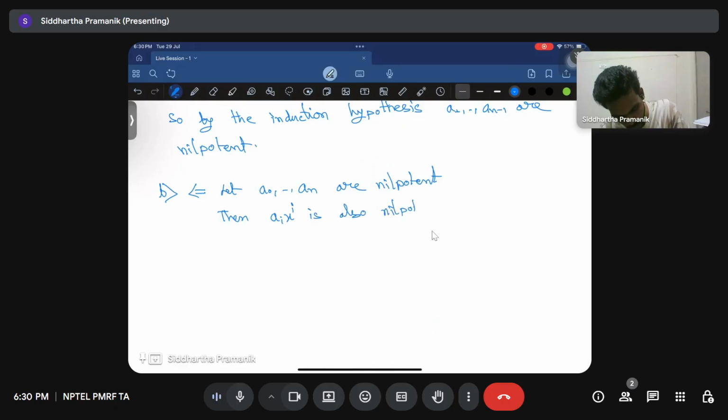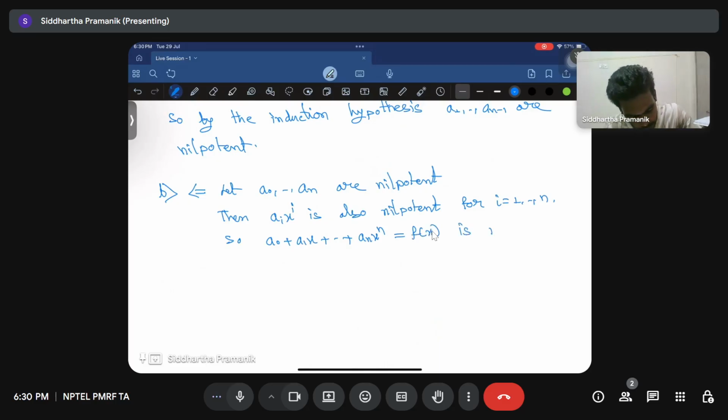That we have seen already, and this is for i equals 1 up to n. And since nilpotent elements form an ideal, their sum is also nilpotent. So their sum is a0 plus a1x plus up to an x power n. This is basically our polynomial fx, which is nilpotent. So this side is very easy.